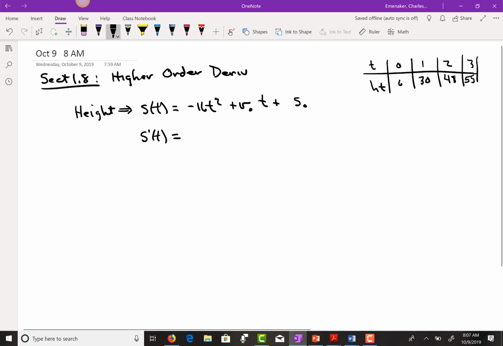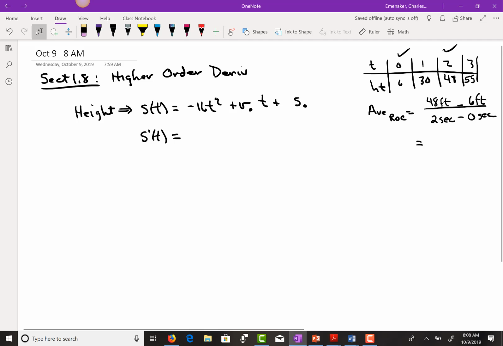Just kind of making some numbers up there. If you take a look at the average rate of change, okay, for example, between 0 and 2, what you're going to wind up with is 48 feet minus 6 feet over 2 seconds minus 0 seconds.